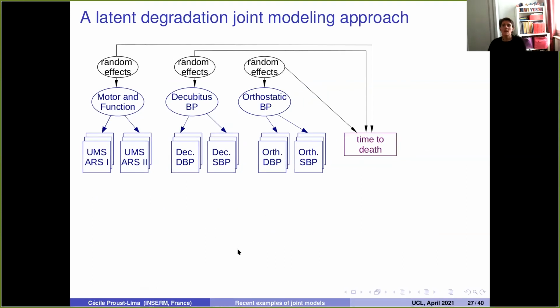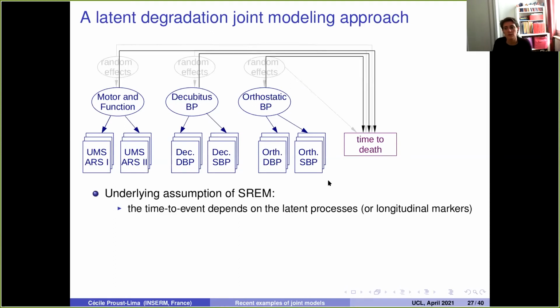So the idea here is to say that when you do this type of model, what you want to do actually is to assume that your dimensions are associated directly with the time to event. The random effects are a way to model that, but actually that's what you want to assume as an association.